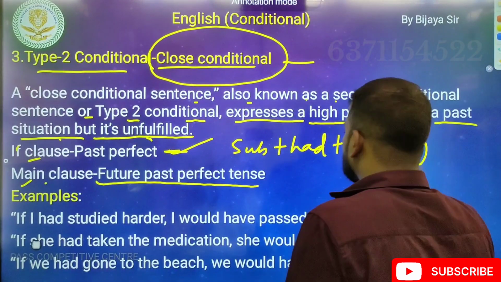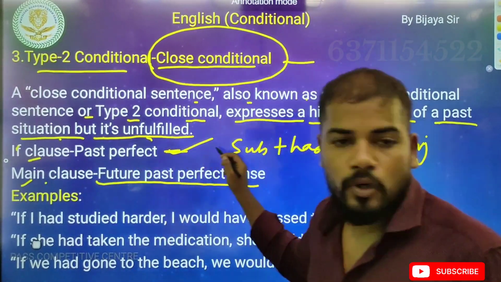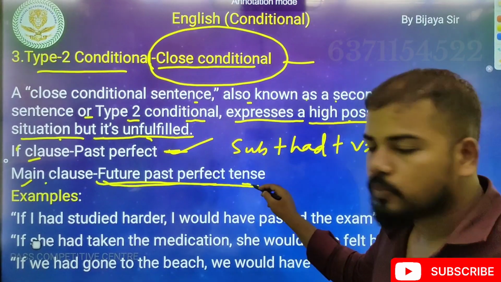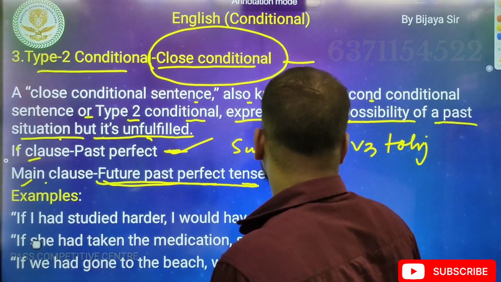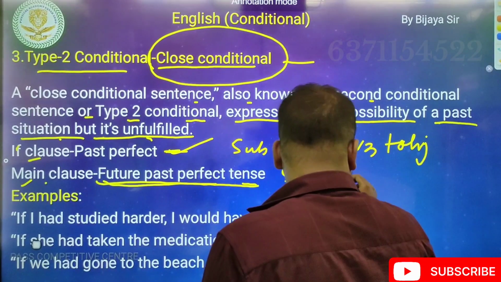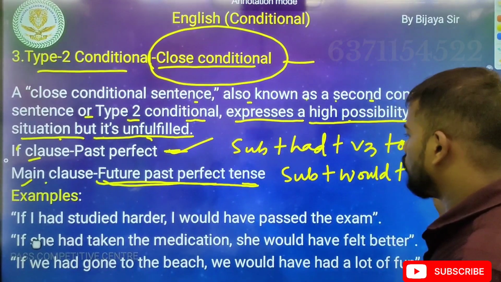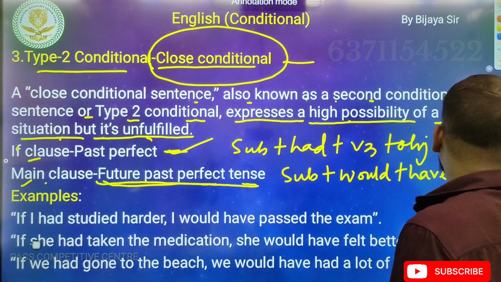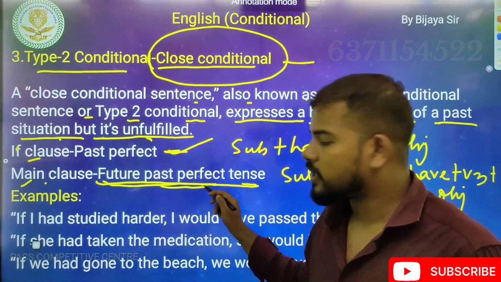But the structure of future past perfect tense is subject plus would plus have plus V3 plus object, dear student. This is known as future past perfect tense.